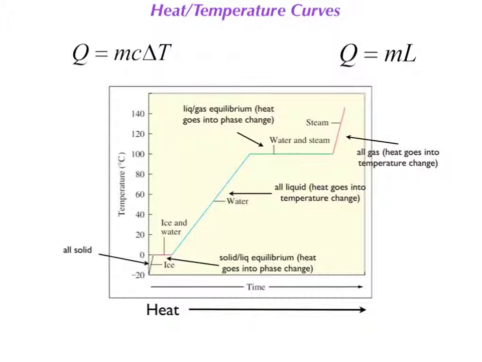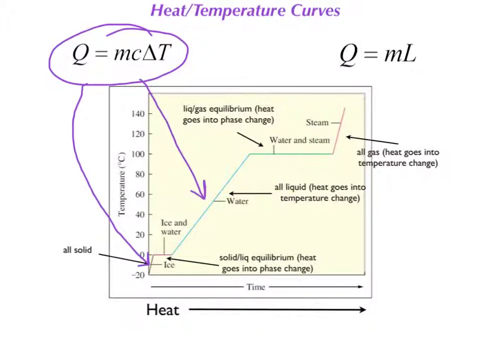As we look at this graph, anywhere our line slopes, that's an increase in temperature. What that tells us is that the energy we're putting in is changing the temperature of that substance. It's all sensible heat. So we would use MC delta T to figure out how much heat energy is being put into that pot of water.